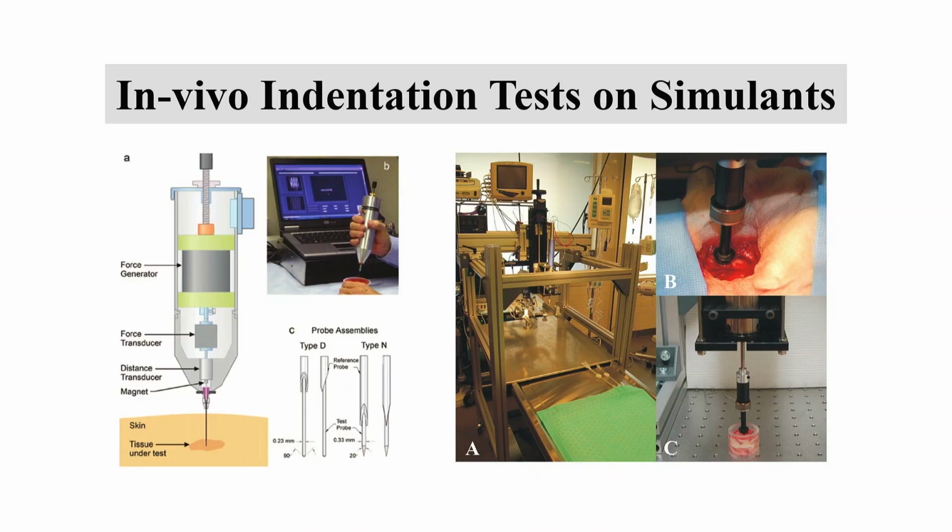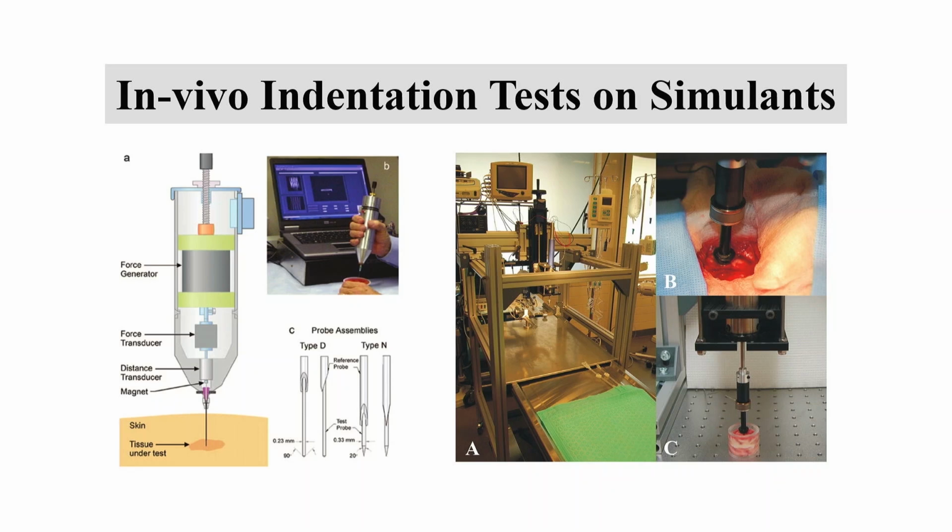So this is a typical indentation test. Let's take a look at the figure on the left. You're looking at a force generator, force transducer, that almost looks like a needle, like a syringe. Then you're looking at a distance transducer. Within the syringe itself, you have a lot of micromechanical devices which are packed.